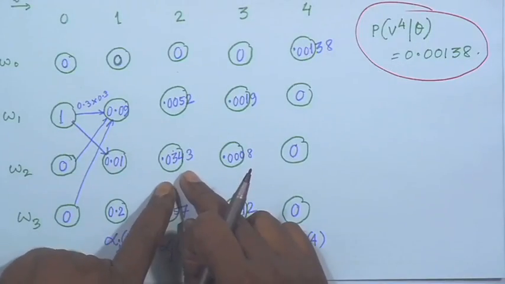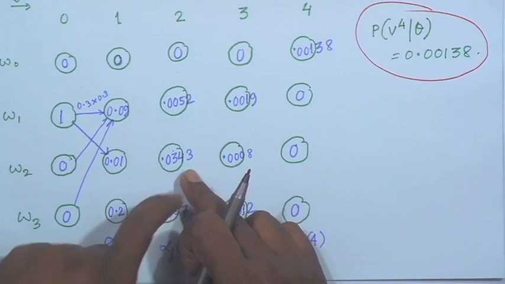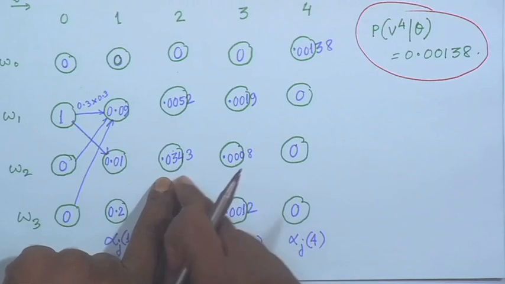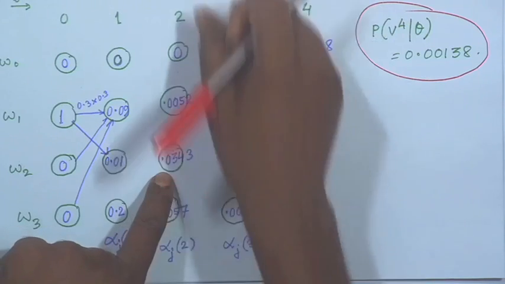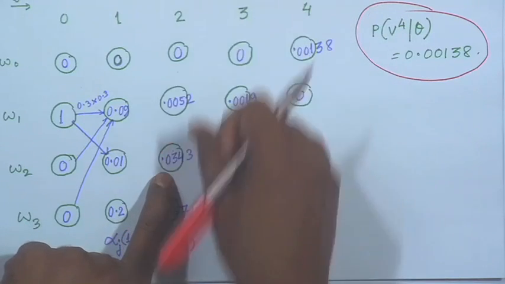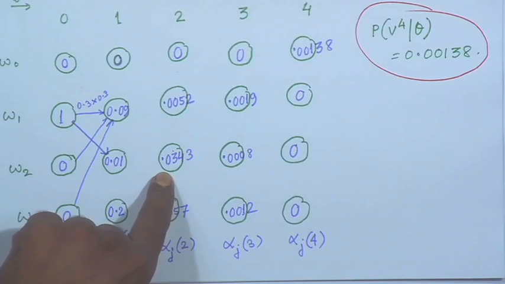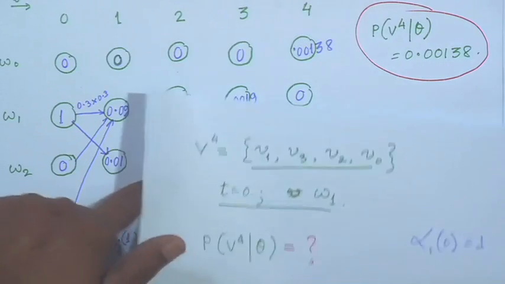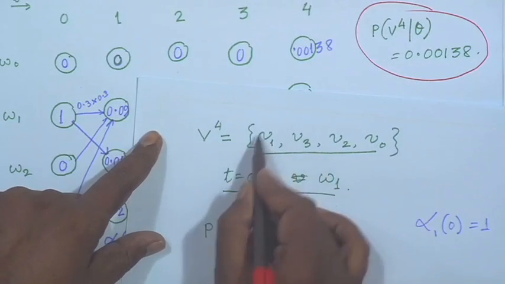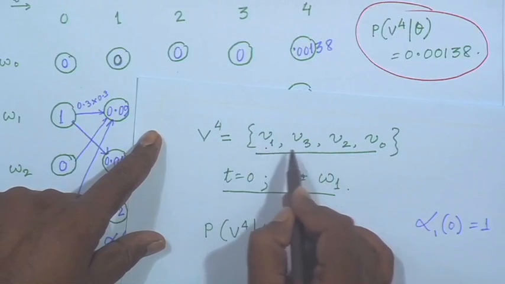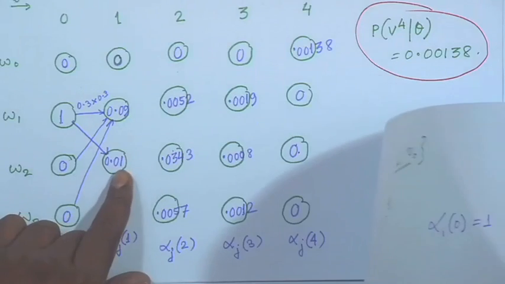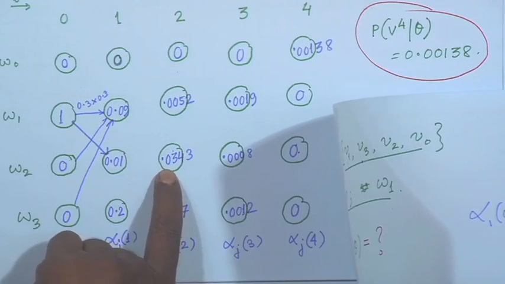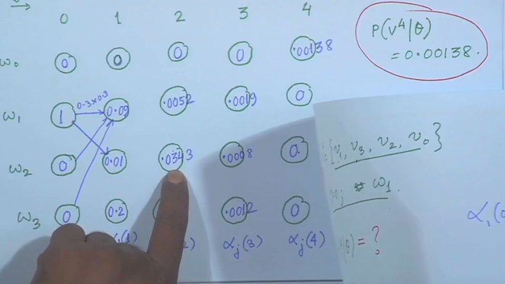And here at every step, the figure within the circle indicates the probability that the model will be in a given state. So, here in omega 2 at time step 2, after generating V 1 and V 3 as per this sequence. After generating these first two symbols, the probability that the machine will be in state omega 2 is given by this.